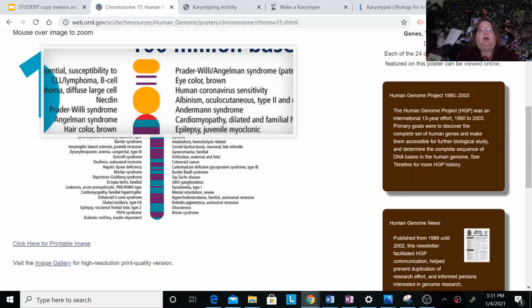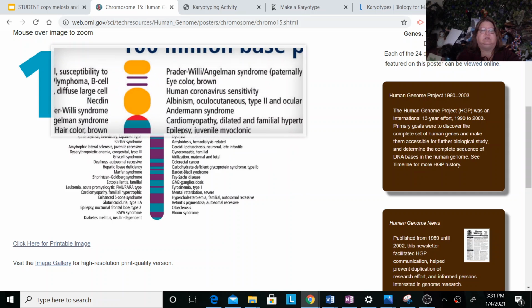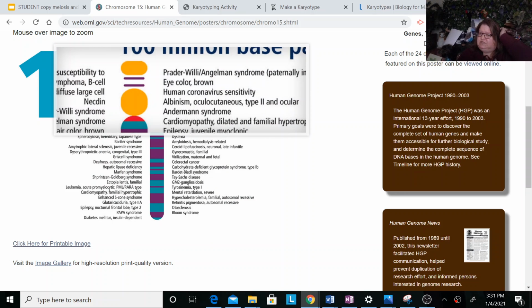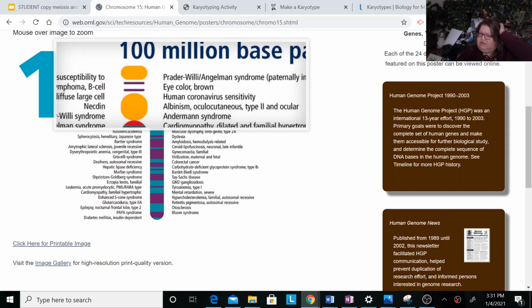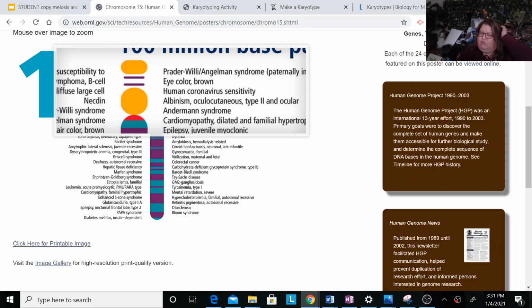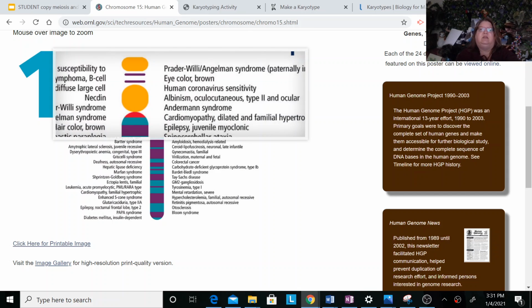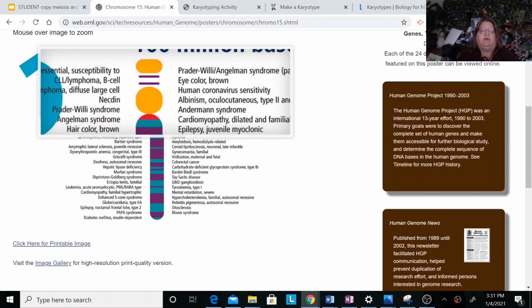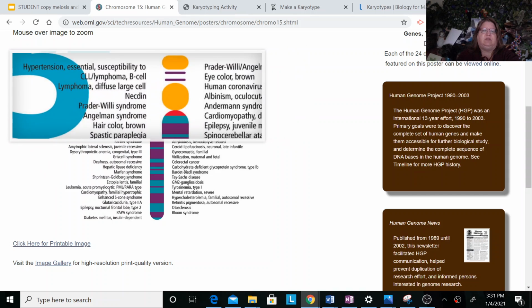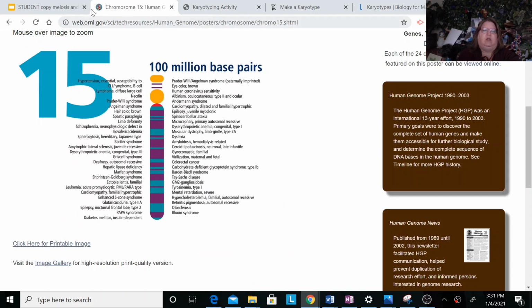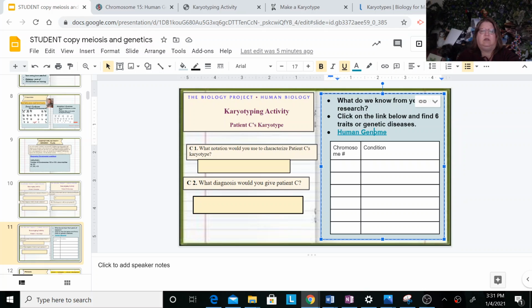Oh, hey, and they've already updated this. Look at that, human coronavirus sensitivity. So they already suspect that one of the genes that makes you more sensitive to the coronavirus might be on chromosome 15. All I'd like you to do for that slide is tell me what chromosome and then what the genetic disease is. And just pick 6 of them that you find kind of interesting.